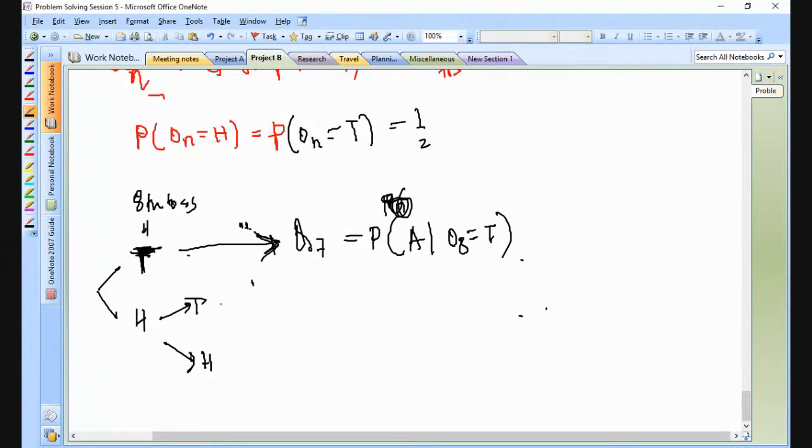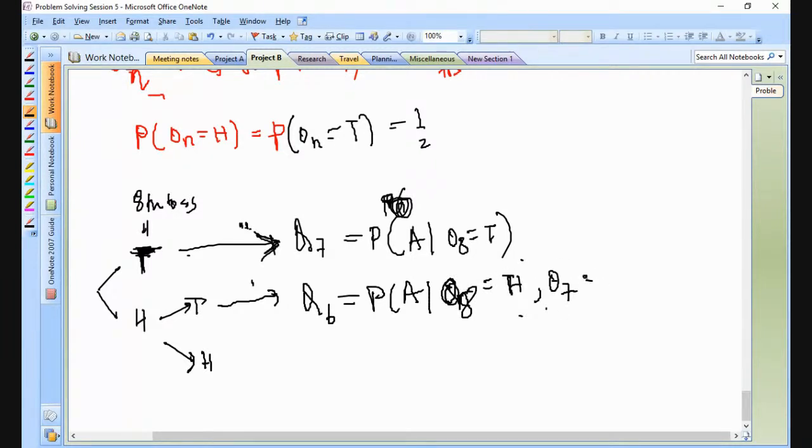If it's heads tails, then again we have Q6, which is equal to the probability of A given O8 is equal to heads and O7 is equal to tails. And if it's HH, there are again two cases, tails and heads.